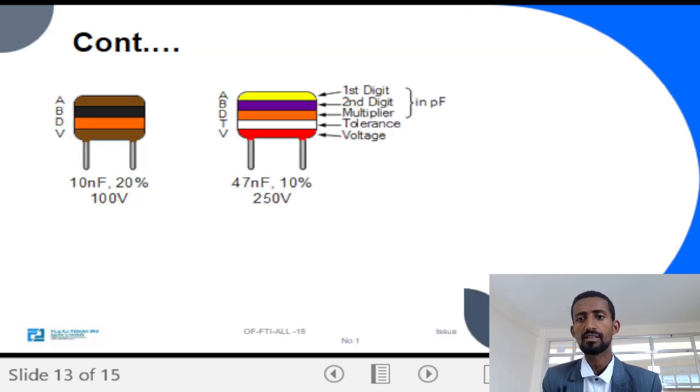For the time being, it indicates A, B, D, V. A is the first digit, B is the second digit, D is the multiplier, and the last one is the voltage rating. By reading the color codes and referring to the table, you can easily identify the magnitude of the capacitors you have in your hand.